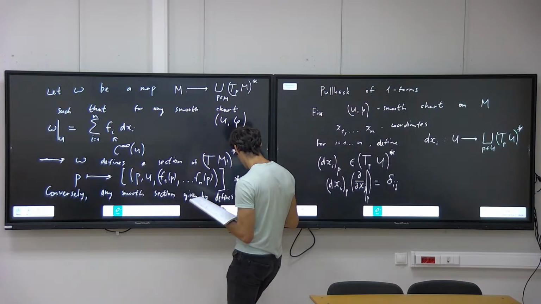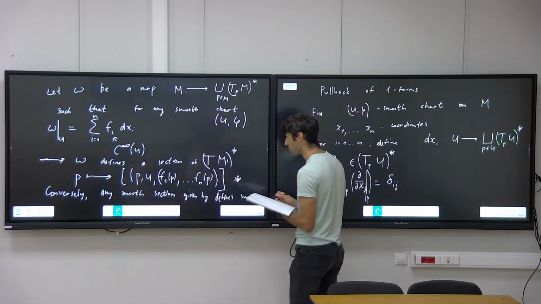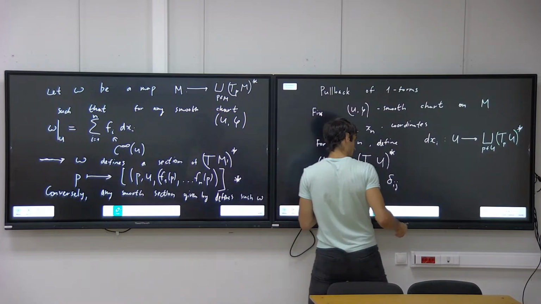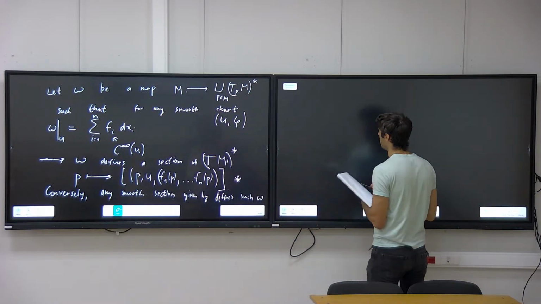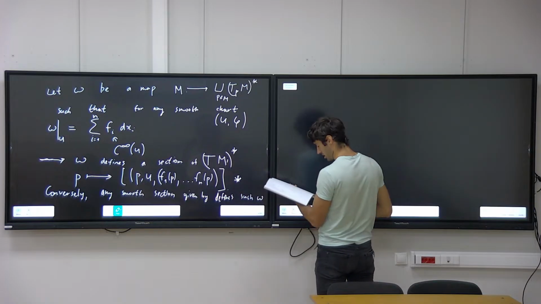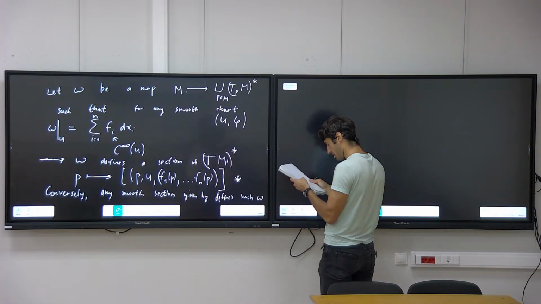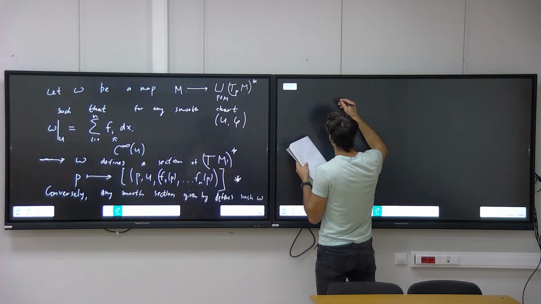So once we now understand what one forms are a little bit more explicitly, we can now define what the pullback of one forms is.